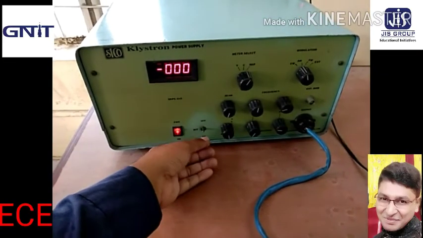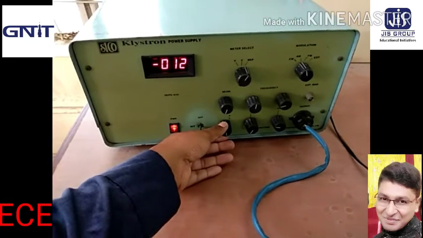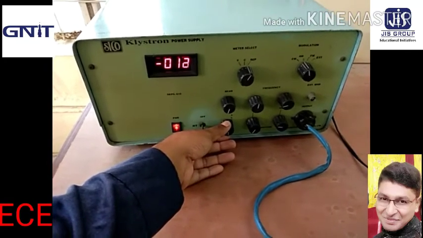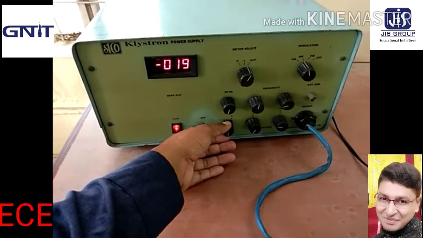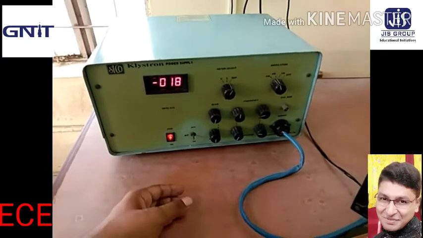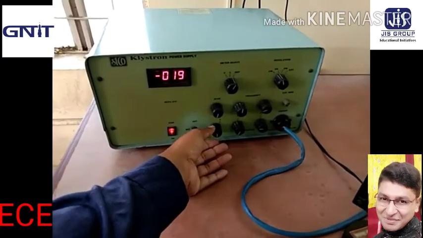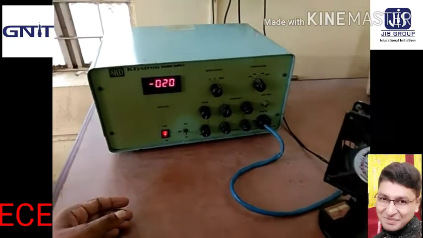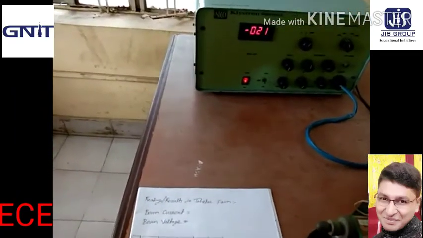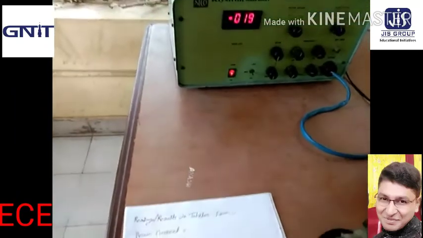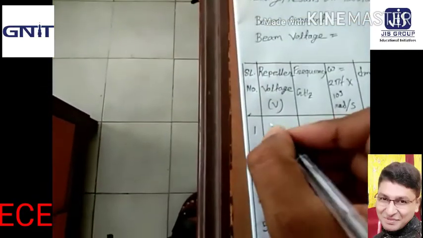Now power supply AST is on and the repeller voltage is varied. This is the first repeller voltage. Note down the repeller voltage, that is minus 19 volt.